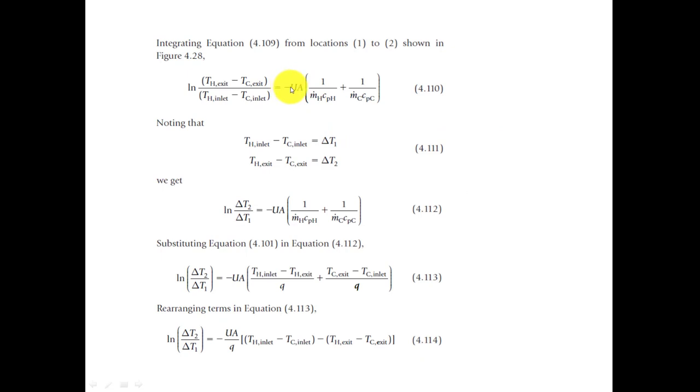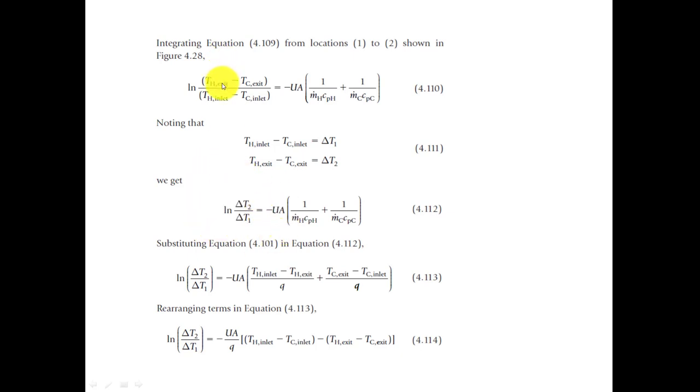The rest of the things will be the same. This dA will be integrated from 0 to A, so it will be A. So minus UA times 1 divided by, the rest will be the same. Here Th inlet minus Tc inlet has been taken as del T1, and Th exit minus Tc exit has been taken as del T2, just to reduce the size of this ongoing derivation.